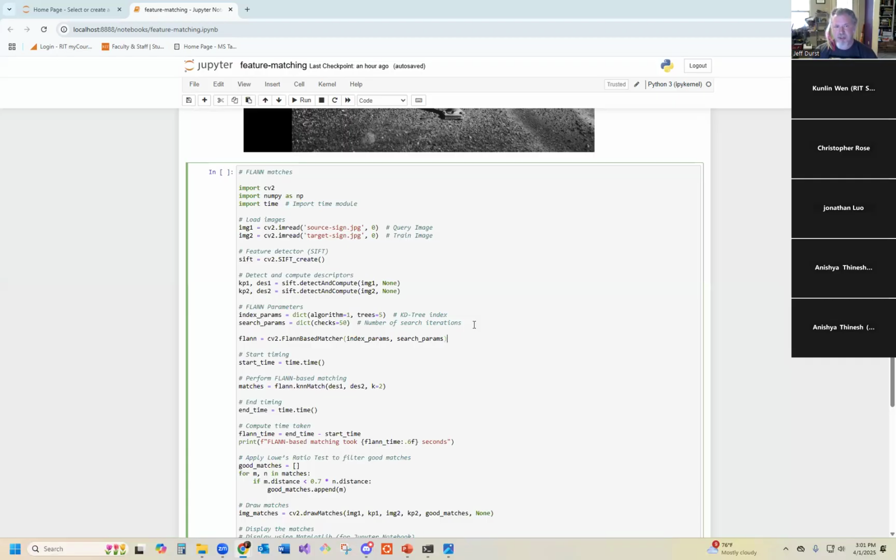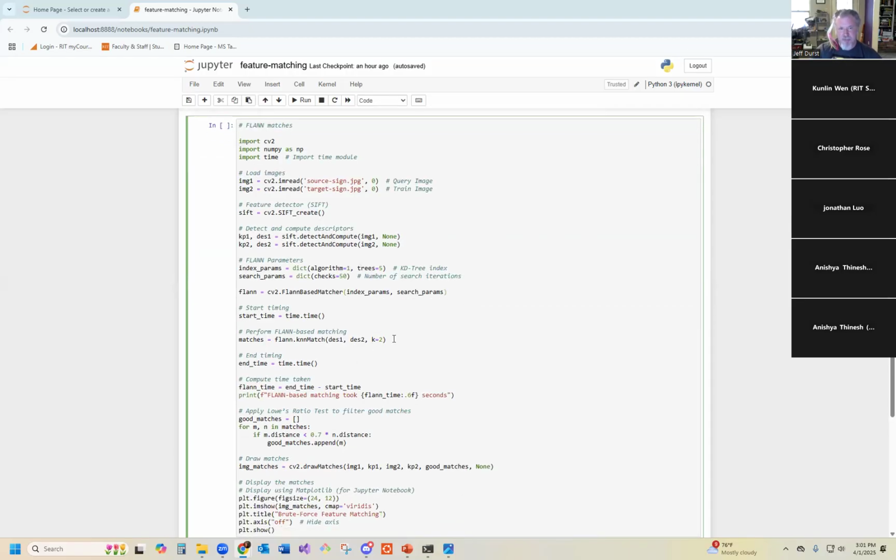So it's looking through these 5 different trees, and it's checking, in this case, 50 times to see if stuff matches. So you have your FLANN-based matcher, your algorithm, your number of trees, your number of checks, and everything that meets the descriptions and falls within our FLANN match, we're going to say it's a feature.